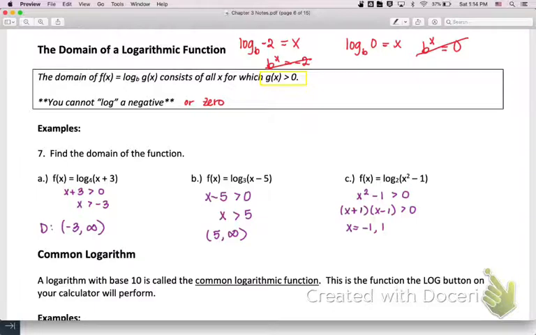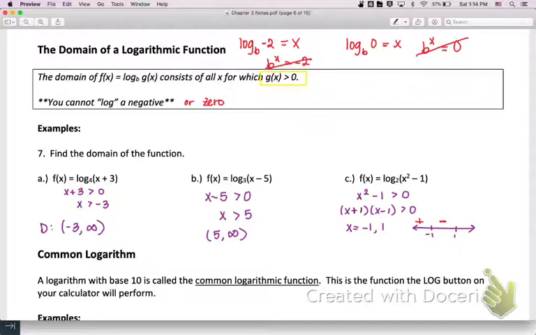Now, if you remember from last semester when we did our polynomial inequalities, we need to consider those boundary points and we need to test some numbers. If I tested a number like -2, I get a negative times a negative, which is a positive. If I test a number like 0, I get a positive times a negative.